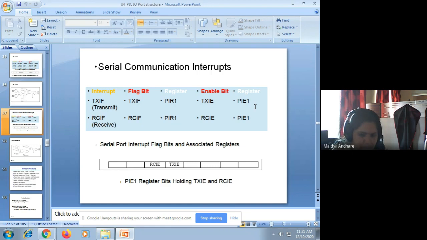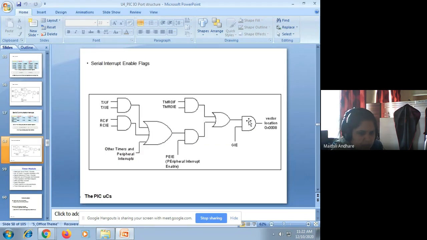One is the flag bit, one is the enable bit, and one is the priority bit. Okay. So this is the diagram. Again, the same diagram, only the serial communication flag bits and enable bits have been taken, and these 2 important bits, that is peripheral interrupt enable and global interrupt enable.